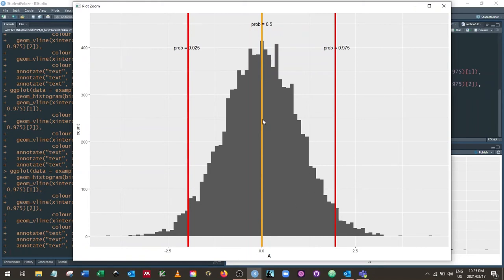And so exactly the same way as we could calculate a median, and in that case the probability is 50% or 0.5, we can obviously also draw other lines on this plot that have other probabilities. And that's what these lines are. So this red line and this red line, as you can see there, I typed the probability.